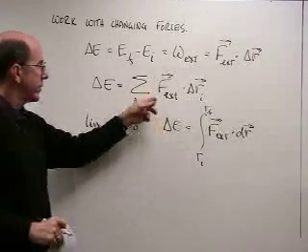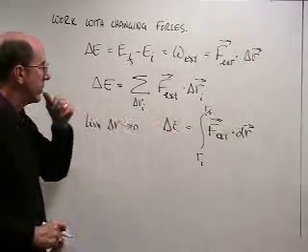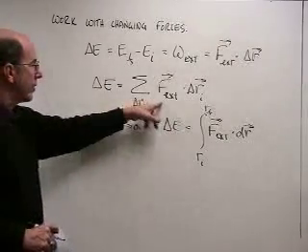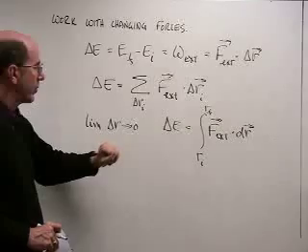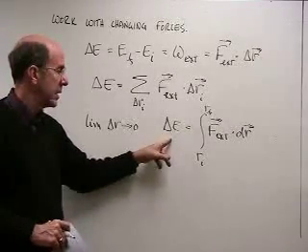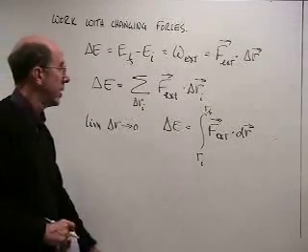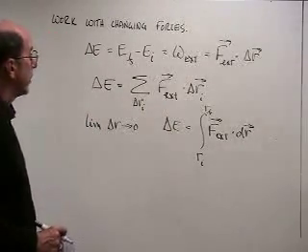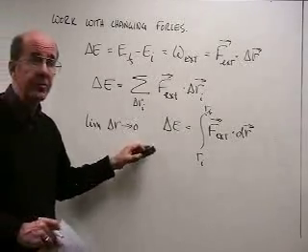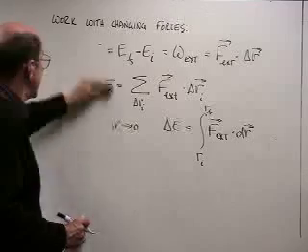These two are equivalent. This is the way you input this into a computer if you're trying to calculate work from forces that are changing. This is how you do it if you don't have a computer but you have some functions that you can integrate easily. The simplest type of function I know of to integrate in this case is the force exerted by a spring, minus kx. So let's just see how that works out.